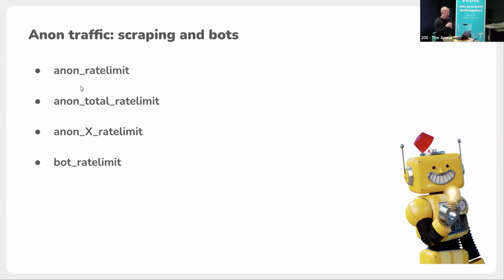But what do you do when you have to let go of the IP when you're rate limiting? Well, one thing you could do is look at an anonymous total rate limit. What if I just give everybody the same rate limit, all the anonymous traffic? Then you run into the issue of what you even set the rate limit as.